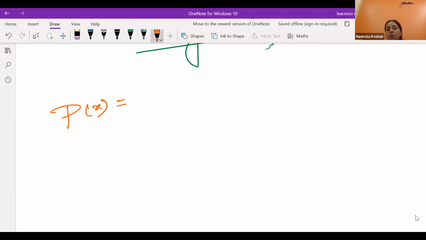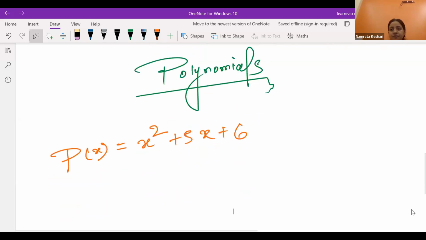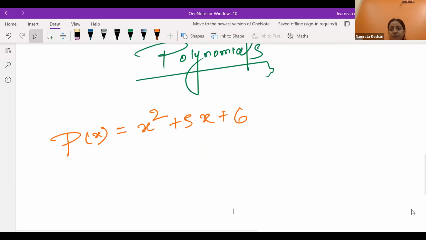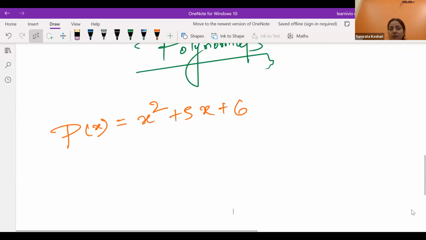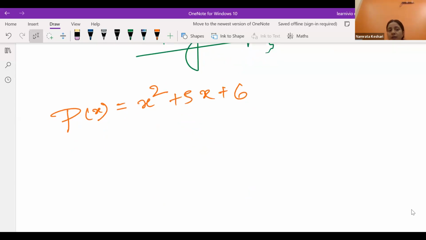So your quadratic polynomial may look like x square plus 5x plus 6. If I ask what will be the zero of this polynomial, will you be able to find it by splitting the middle term? Everyone, please find it quickly. Ma'am, can you repeat what to find? Zero of the quadratic polynomial.